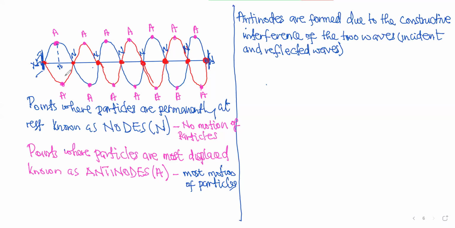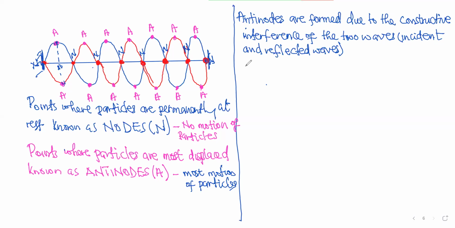When you look at the reflected wave, this is also 90, the same angle. So the two particles here are occurring at the same angle. It's like crest and trough occurring at the same angle to form the antinodes. So we say that an antinode is formed due to the constructive interference of the two waves.